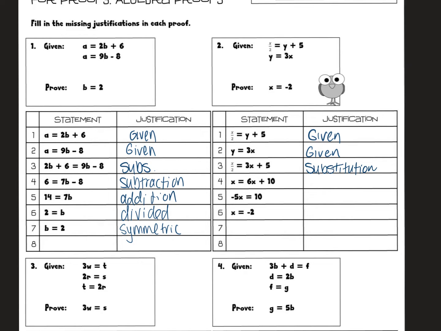Then we got rid of that divided by 2 by multiplying everything by 2. Right, then we subtracted the 6x over to get negative 5x. And then divide by negative 5 to get x equals negative 2.